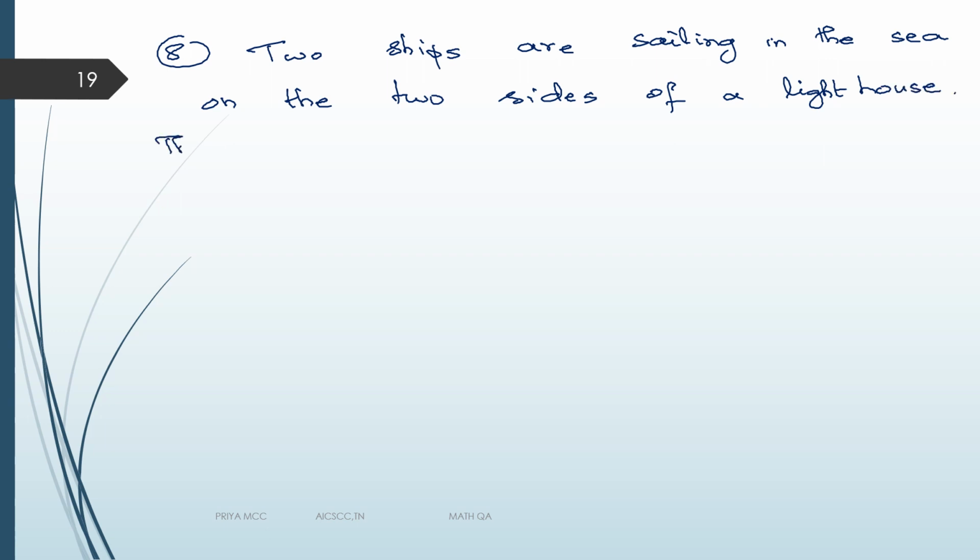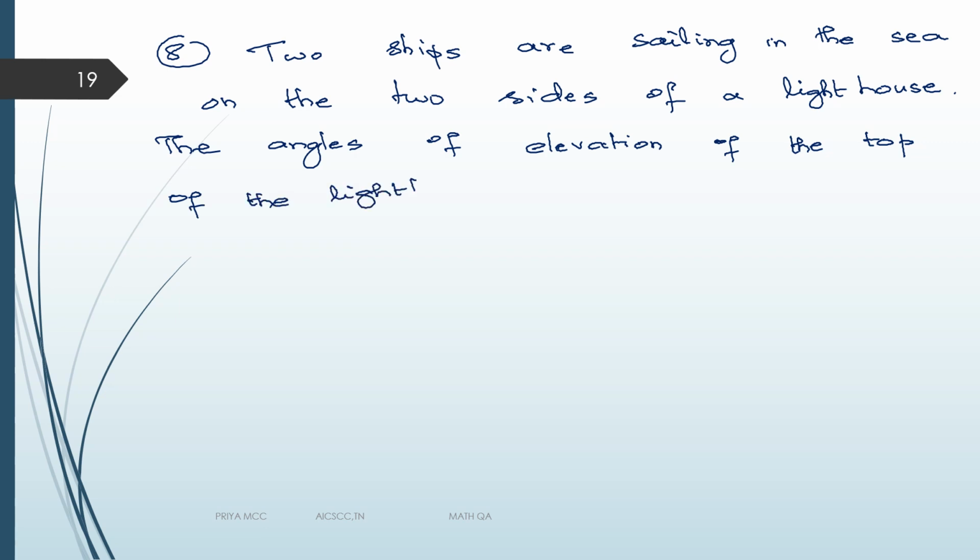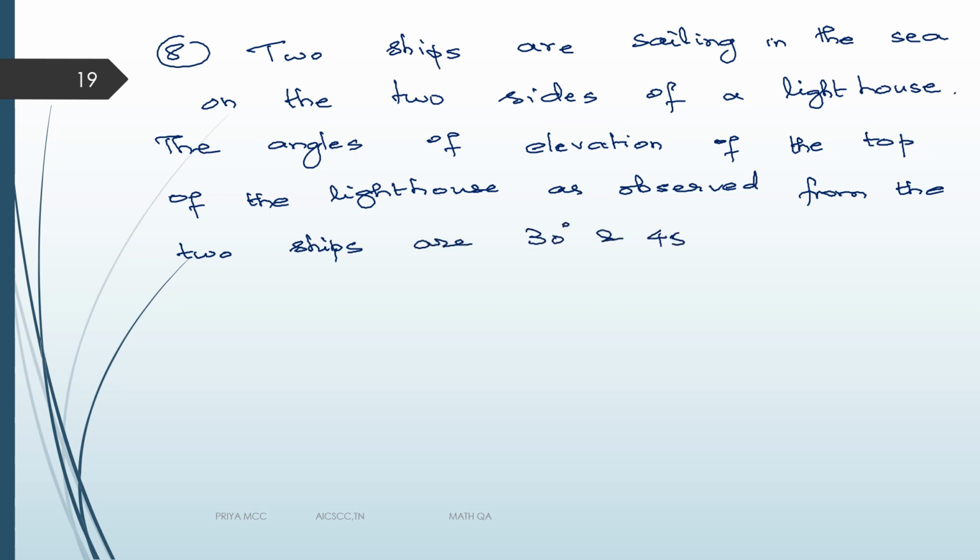The angles of elevation of the top of the lighthouse as observed from the two ships are 30 degrees and 45 degrees respectively.